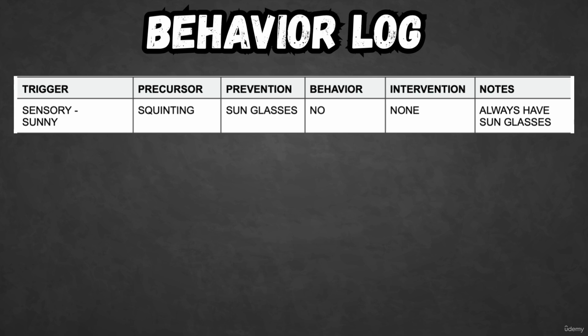The prevention technique is putting on sunglasses, and there was no behavior or intervention required because the prevention was done. And it's a good idea to always have the sunglasses, especially in the grab and go kit, because this will work when you're away from home.